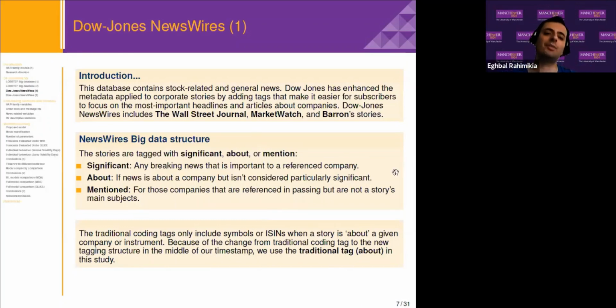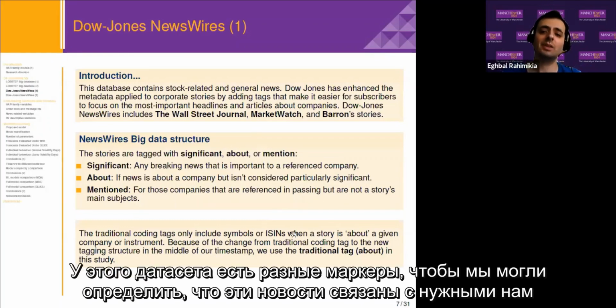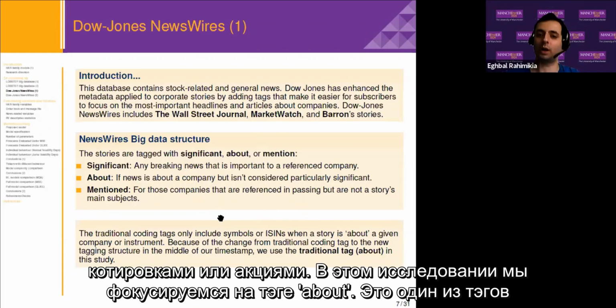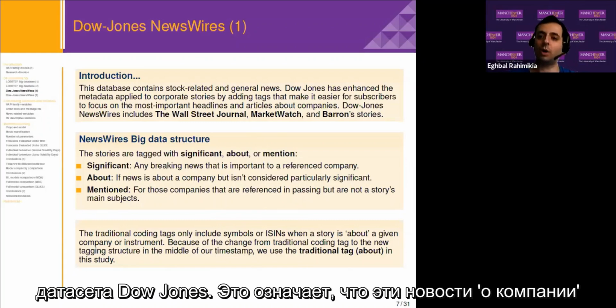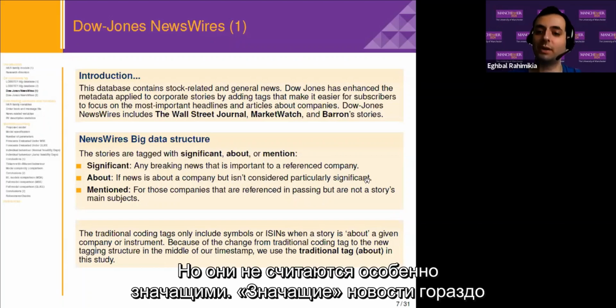So it's so important for the market and for academia to understand the behavior behind this. We have different tags in this data set to understand whether this news is related to our ticker or stock or not. In this research, we are focusing on about. This is one provided feature from the Dow Jones data set. It means that this news is about a company, but it's not considered particularly significant.